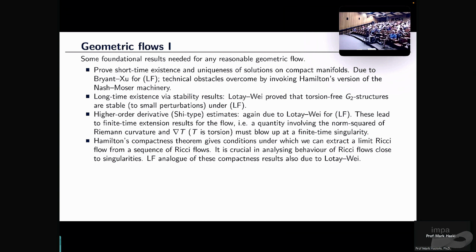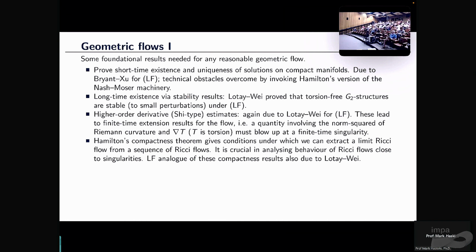And that sort of limit construction turns out to be crucial when trying to understand the behavior of Ricci flows close to singularities. So you zoom in close to a singularity and try to construct a limiting Ricci flow, which reflects something about what's going on at the singularity, but which in some sense will have some extra structure not present previously.